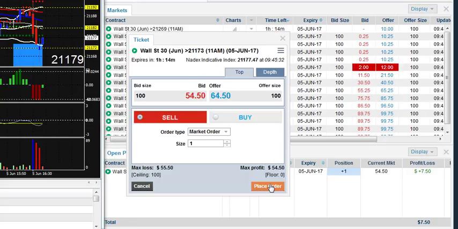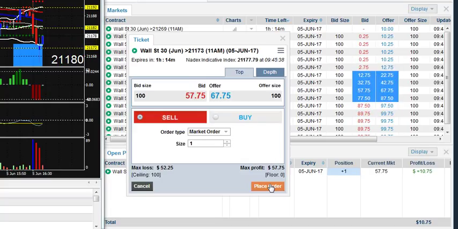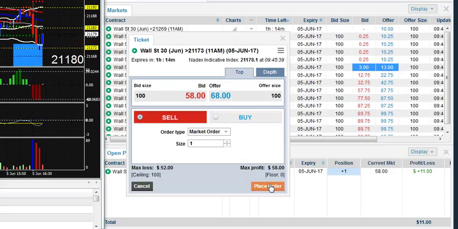This is a counter trend trade, so I'm not looking to hold this puppy necessarily.